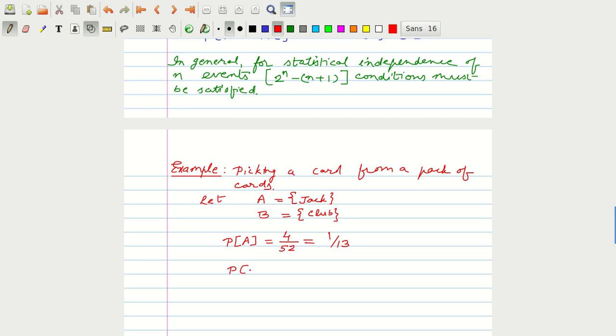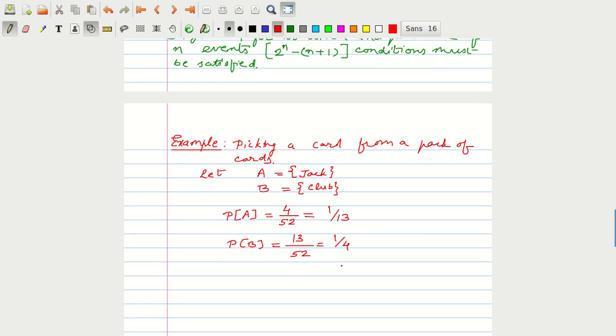The probability of event B, there are 13 clubs and total 52 cards, so the probability is 1 by 4.